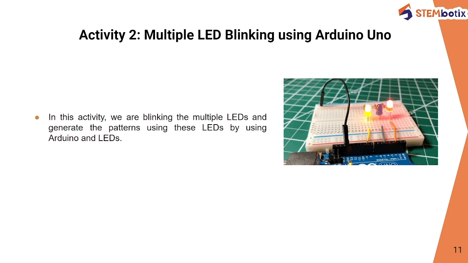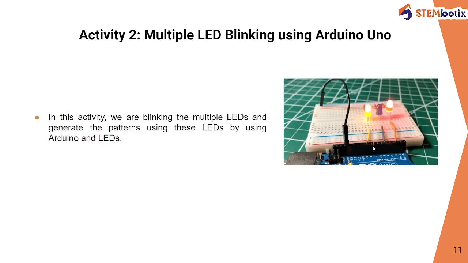In the previous activity we had one LED, but now in this second activity we have four different LEDs. We are going to blink multiple LEDs and generate some patterns using different codes and giving them different time delays.